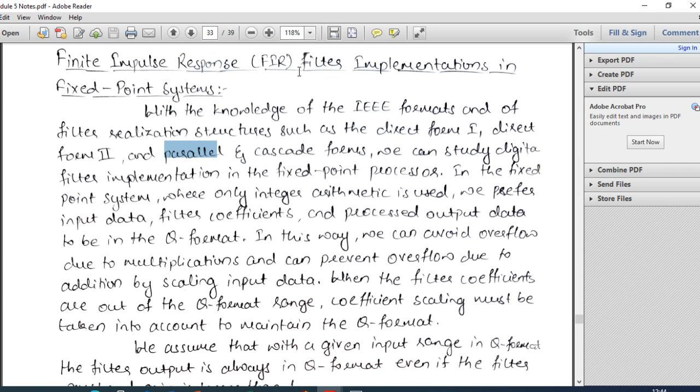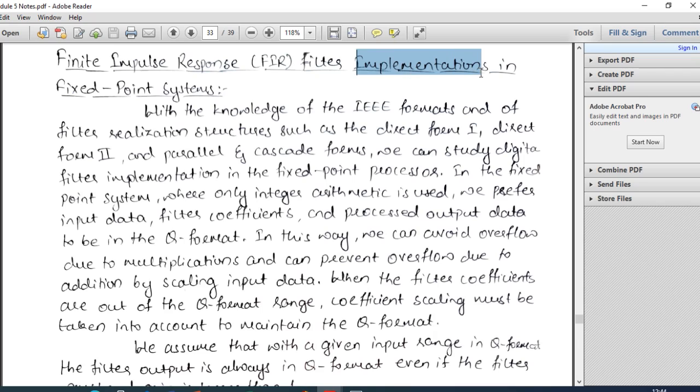Our intention is to design a filter which has a passband gain and a stopband gain. A filter should remove the unwanted frequency components and only allow the frequency components needed for the output. This performs the same thing as a normal filter, the only difference being that we are implementing it in a fixed point system.